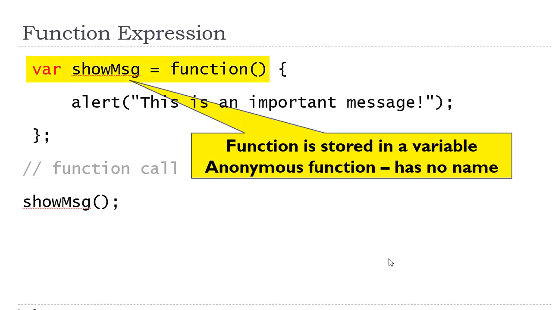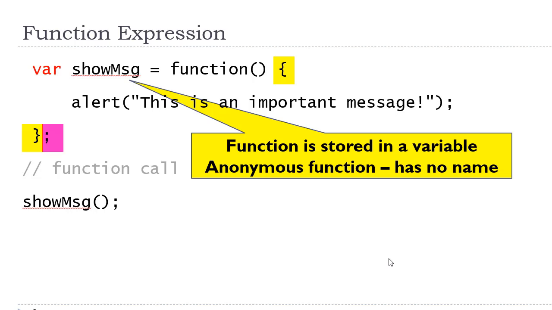So here we have var, the variable name, the equal sign, and we have the word function followed by an opening and closing parenthesis. That function does not have a name. It is just an expression. Therefore, this is considered an anonymous function. We still have the opening and closing curly braces where the code to be executed will be placed.